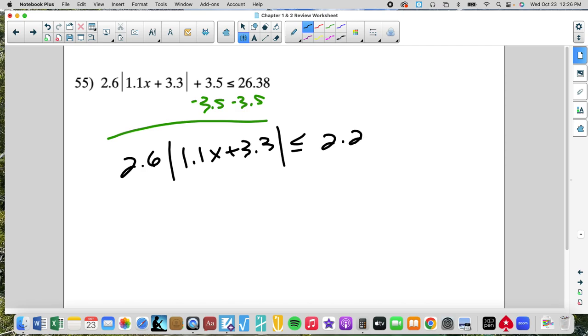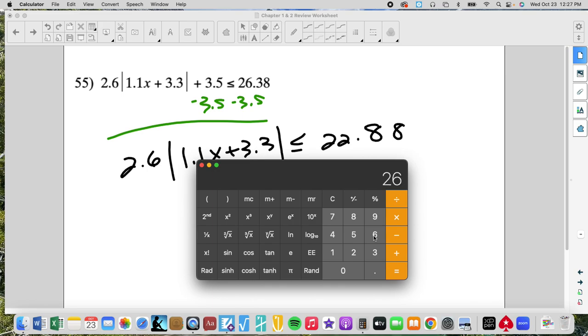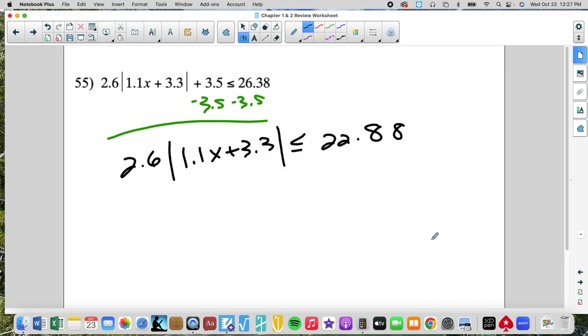Isolate first. Minus 3.5, minus 3.5. 2.6 times the absolute value of 1.1x plus 3.3, plus 3.5, is less than or equal to 26.3. I'm getting lazy on the last one. 26.3 minus 3.5 gives us 22.8.